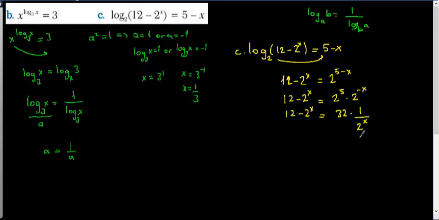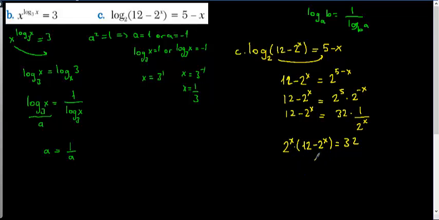Now if I send this division to the other side, it becomes multiplication: 2 to the power of x times 12 minus 2 to the power of x is equal to 32.